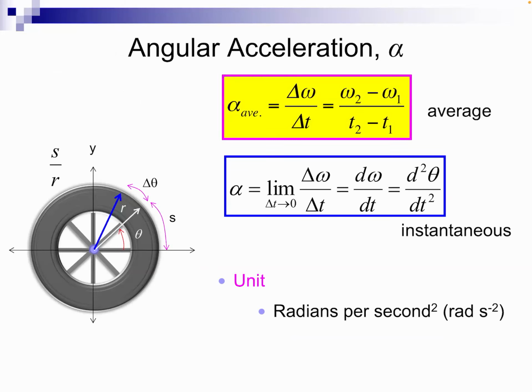When we talked about acceleration, it's change in velocity over time, right? Delta v over delta t. So when we just put angular, we're looking at rotating objects. It's therefore the change in angular velocity over change in time. How fast the angular velocity changes over a time interval delta t.